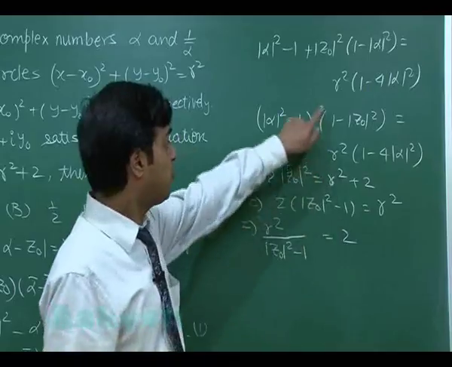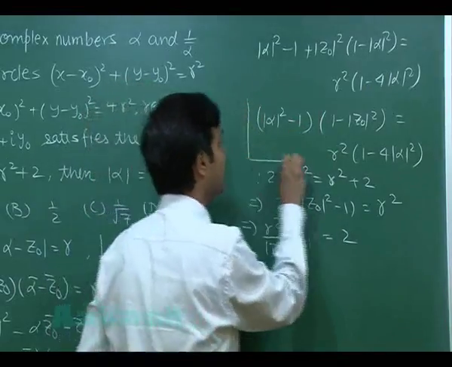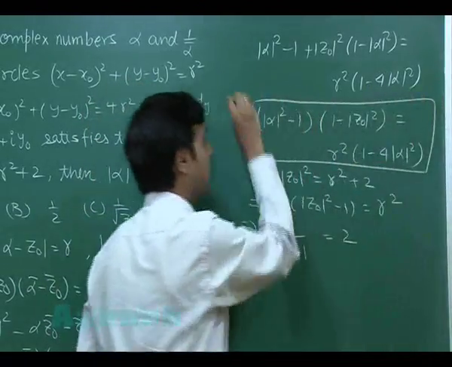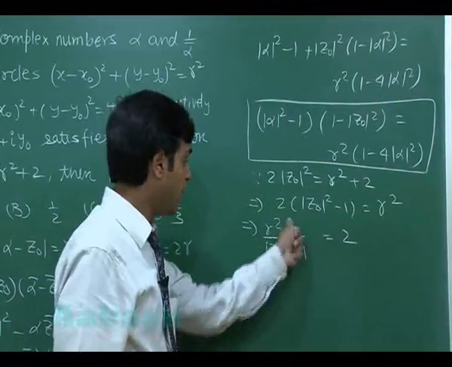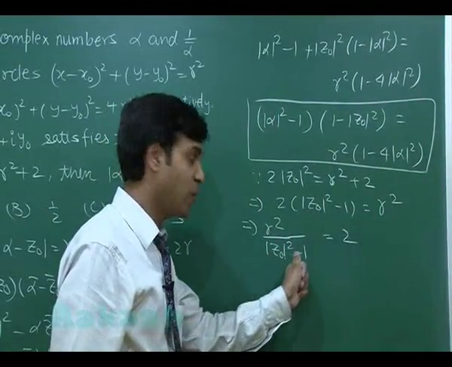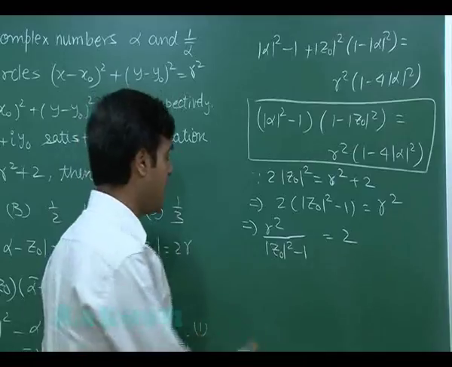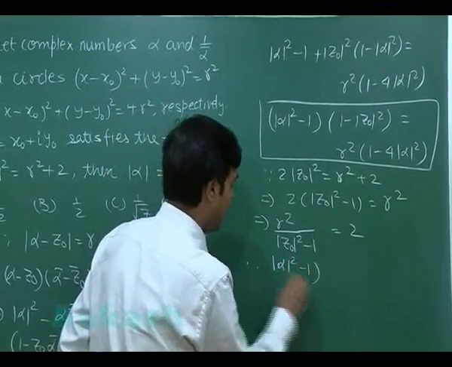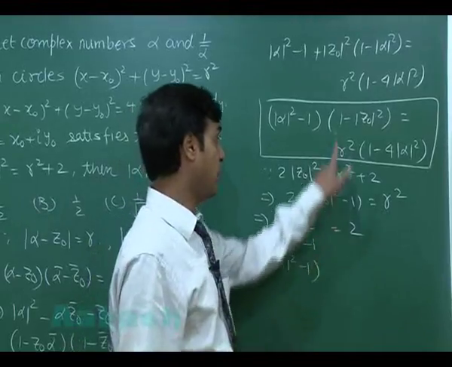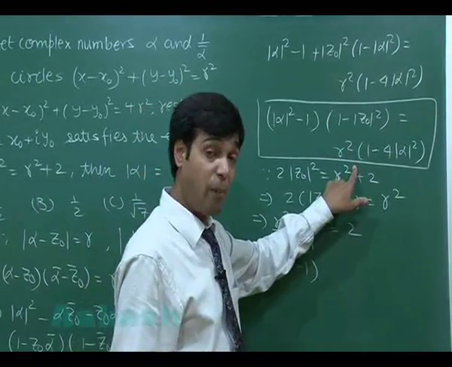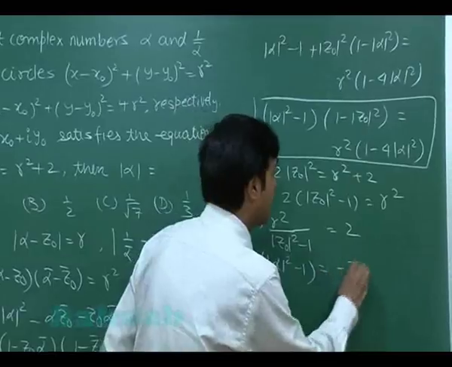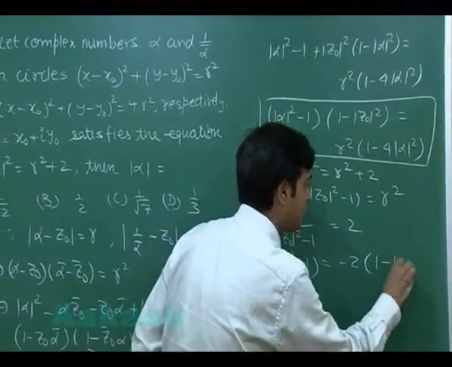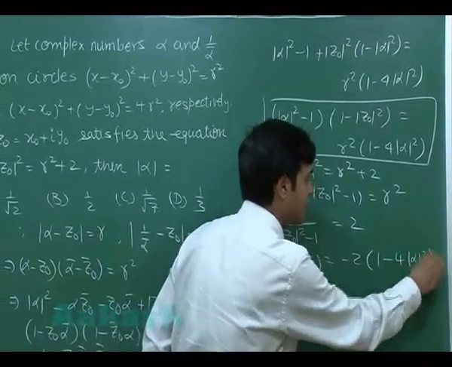Let's put this value here in this equation. In this equation, when I put the value of r square upon mod z naught square minus 1, it is eliminated. I get mod alpha square minus 1 is equal to r square upon 1 minus mod z naught square minus 2 into 1 minus 4 times mod alpha square.